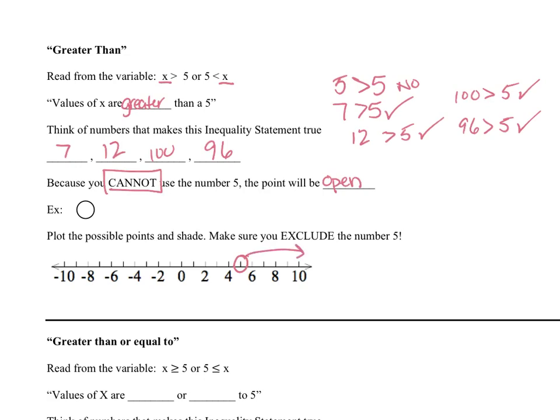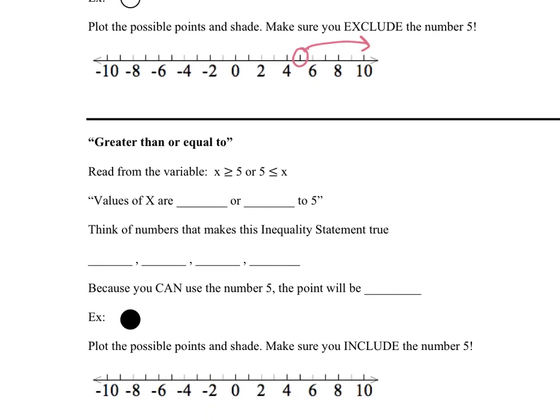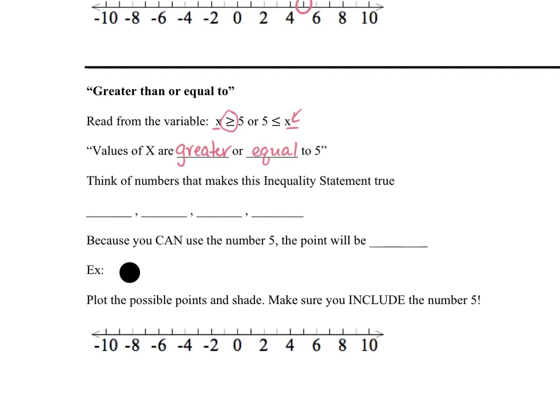So let's do greater than or equal to. Again, we have this symbol. So x is greater than or equal to 5. The values of x are greater than or equal to 5. Think of numbers that make this true.